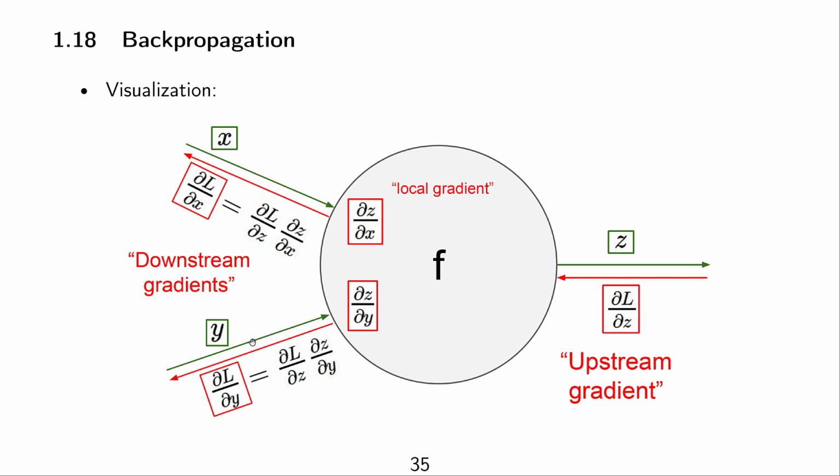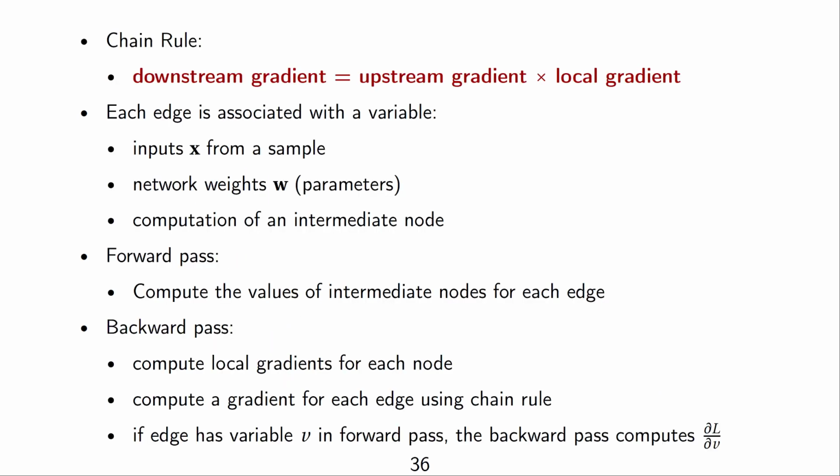And then analogously, here the local gradient is dz/dy. So that is dz, the output of this local node, derived with respect to the variables that come in along this green edge here.